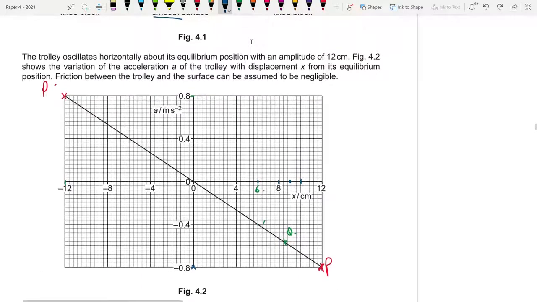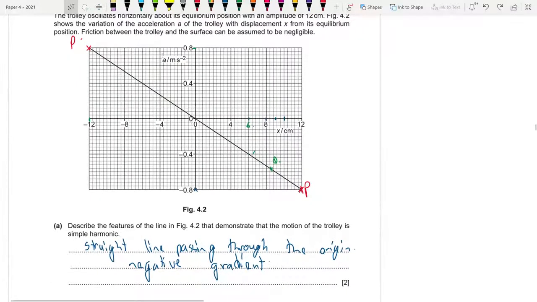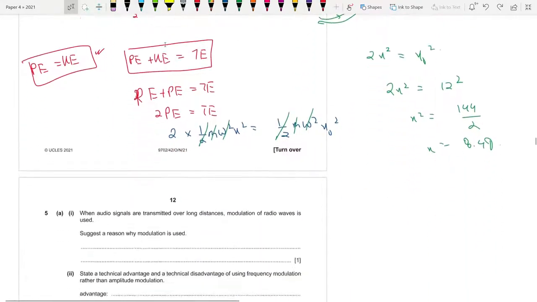Either this one, or you could go for that side. You could opt for that one as well. So they just wanted anywhere here, in between this. In between more than half, but less than maximum. Okay, they didn't want a quantitative one, but if they ever do ask for one, you know how to do it now, right? So this is super important.